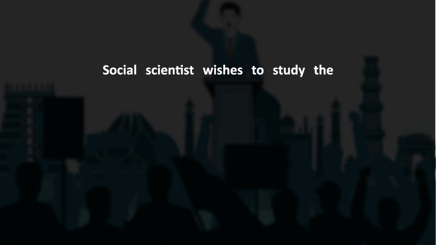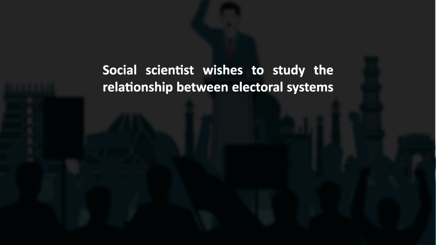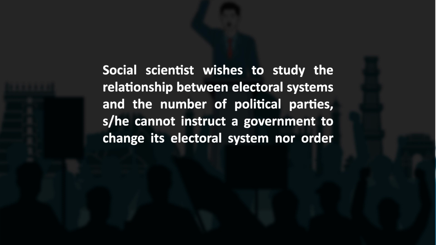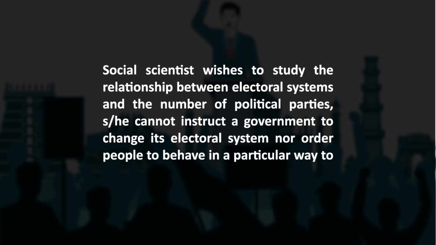If, for example, a social scientist wishes to study the relationship between electoral systems and the number of political parties, he cannot instruct a government to change electoral system nor order people to behave in a particular way to test the hypothesis. Nor can the researcher replicate a social or political phenomena in a laboratory where tests can be conducted.